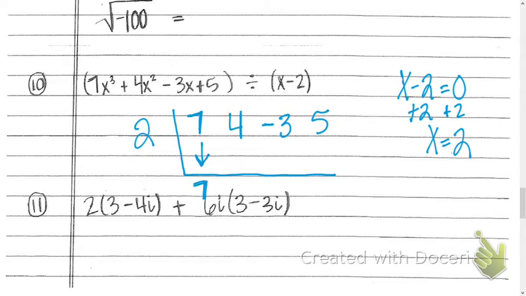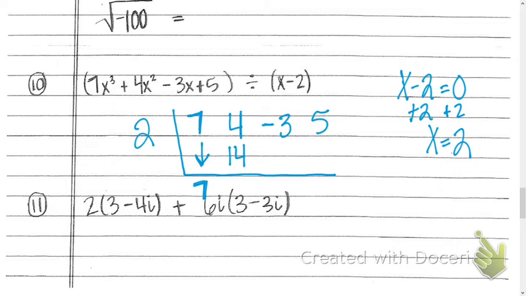Now we multiply. 2 times 7 is? Then we combine. If it's a positive number, we're going to add. If it's a negative number, we're obviously going to subtract.